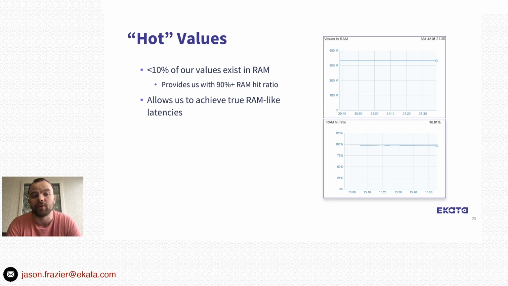This is actually something we didn't know about before this migration. It came up as a happy accident, I guess is the way to put it. But it's good to know your data set, know all of its use cases, know how it's being used, and you can also optimize for it.